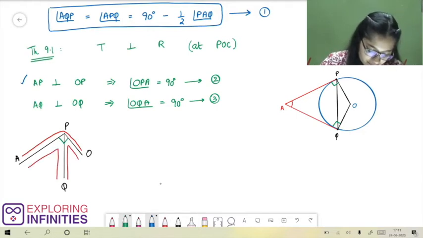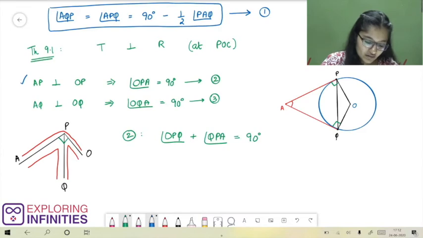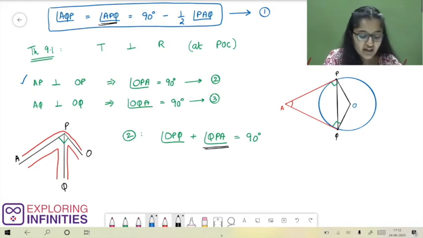That means on substituting this in equation 2, we will obtain angle OPQ plus angle QPA is equal to 90 degrees. Here we have the term angle QPA. Notice in equation 1, we have the term angle APQ. Angle APQ and angle QPA are the same angle.